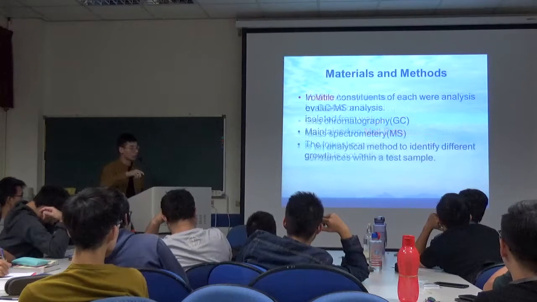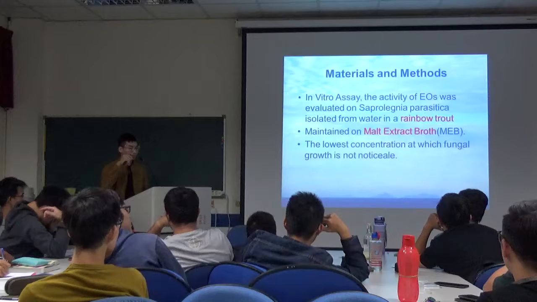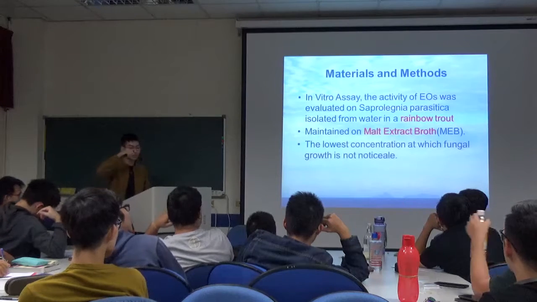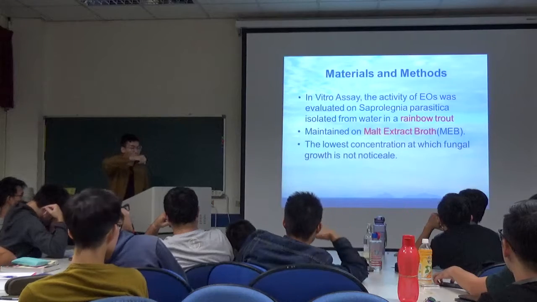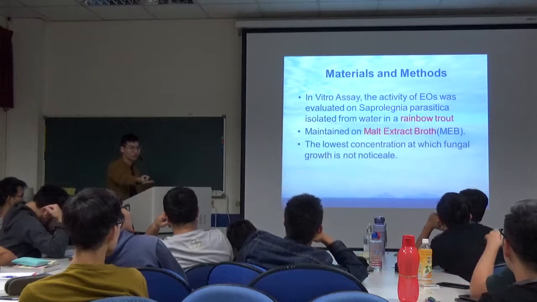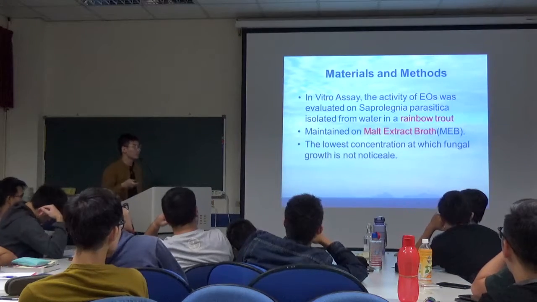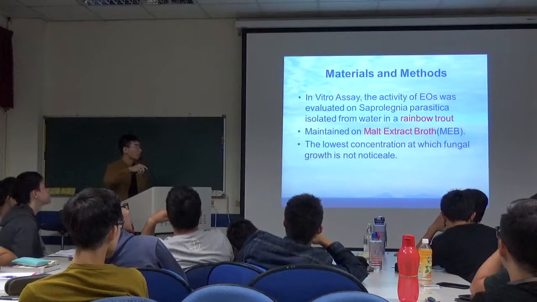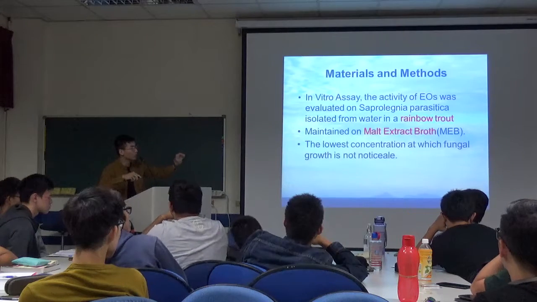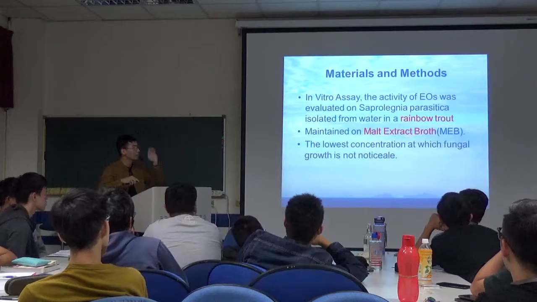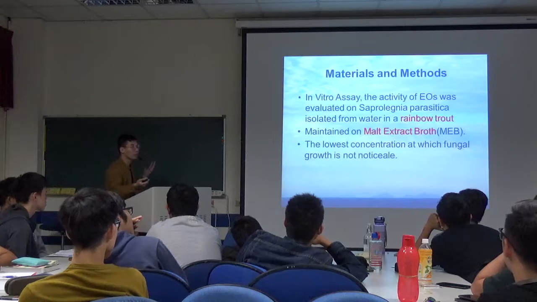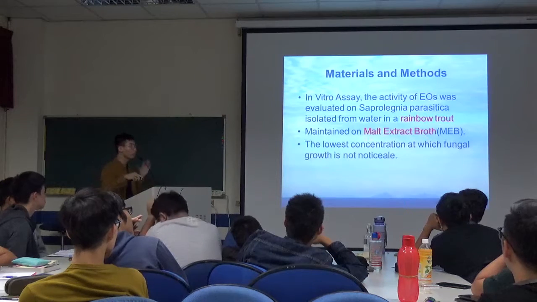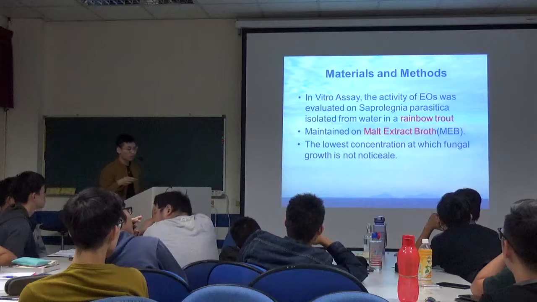The researchers just put the essential oils to this rainbow trout and looked into its utility. And then this rainbow trout, he just mentioned, is maintained in milk extract broth. It is kind of water that can keep microorganisms alive, keep them reproducing.